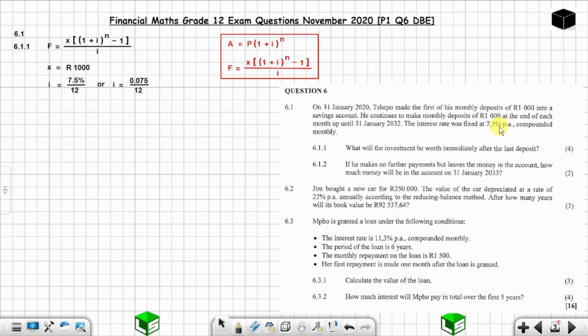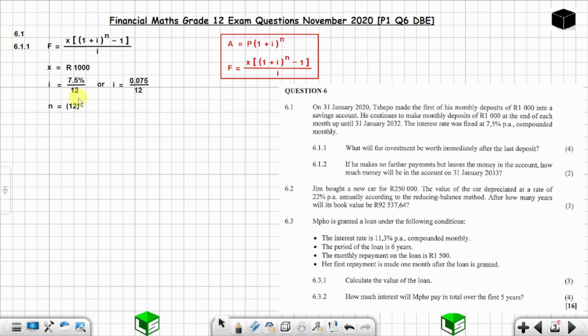Then you have n, which is equal to: from 31st January 2020 to 31st January 2032, you have 12 years. So you have 12 years times 12 because this is compounded monthly.